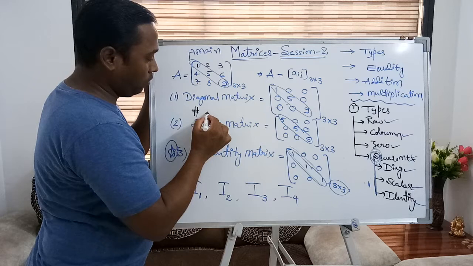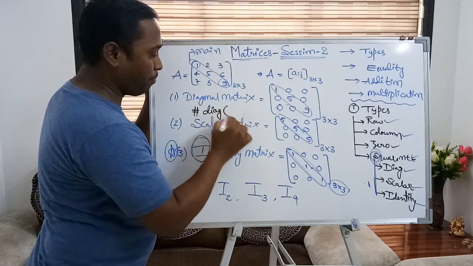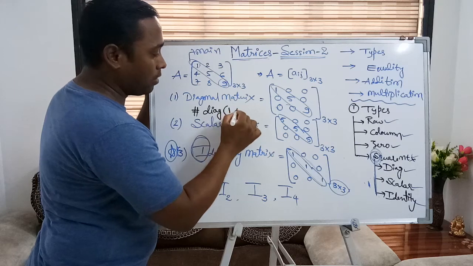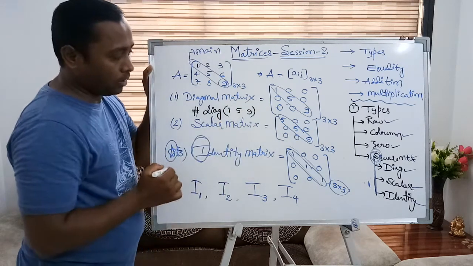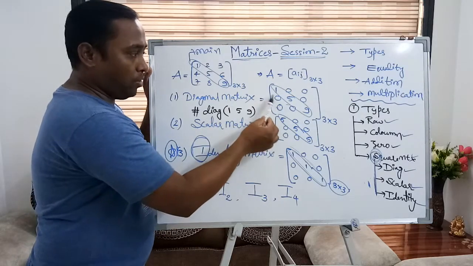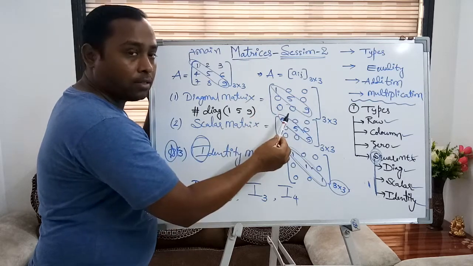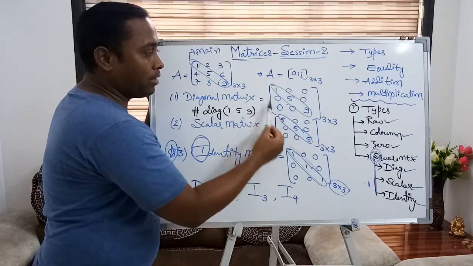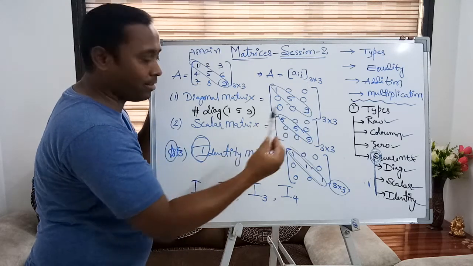Importantly, see how they write it: diag 1 5 9. What does it mean? Because we know that except the diagonal elements, other elements are zero, there is no need to write the complete form of the matrix unless it is necessary.